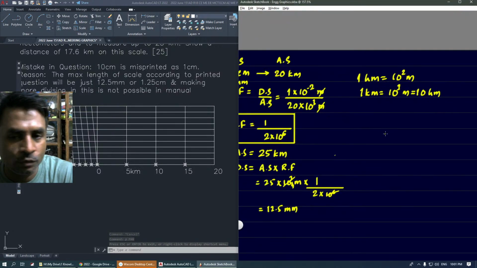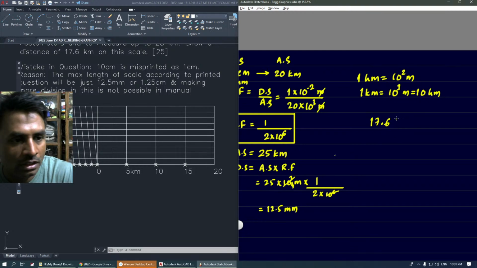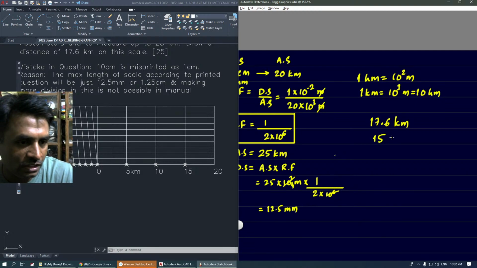We are supposed to measure a distance of 17.6 kilometers. So this is going to be broken down into multiples of 5. First we're going to take 15 kilometers on the right side. Then we will have to take some distance on the left side. On the left side, each smaller division is going to represent 1 kilometer.